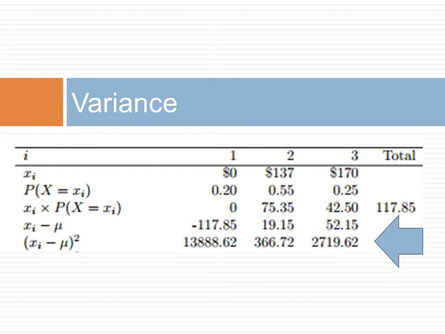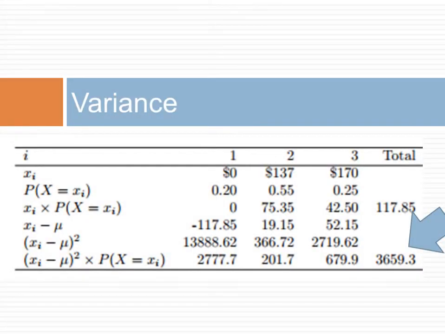Next, we square these differences. Finally, we multiply the squared differences by the probability of sale and add them up to get 3,659.3.